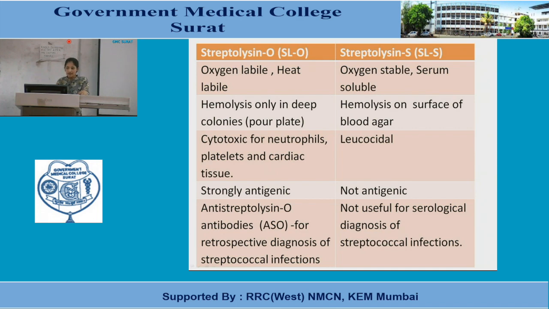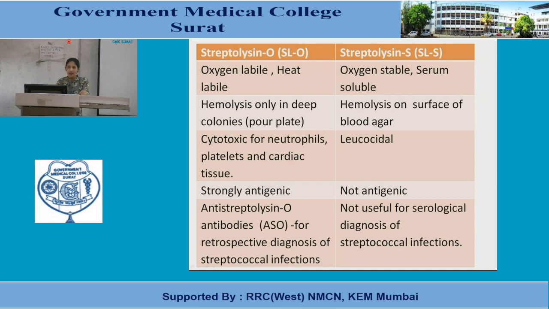Streptolysin O is cytotoxic for neutrophils, platelets and cardiac tissue, and streptolysin S has leukocidal activity. Streptolysin O is strongly antigenic, which is why we use it in the serological test.